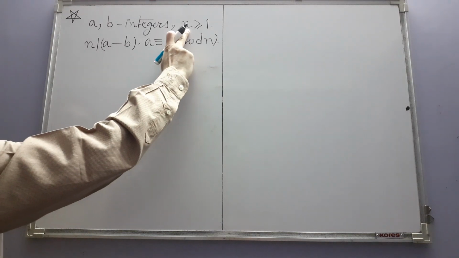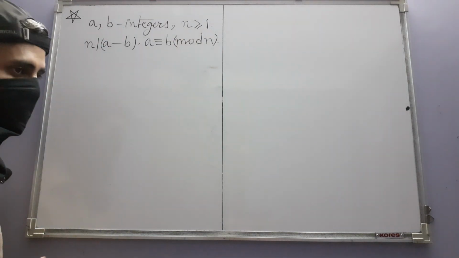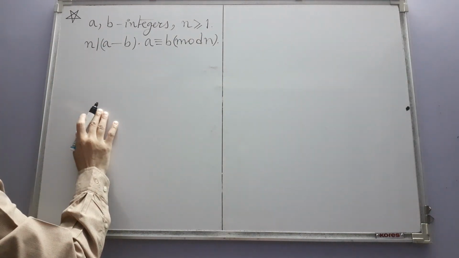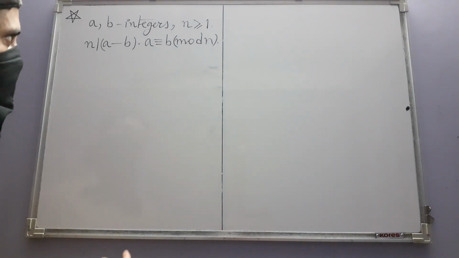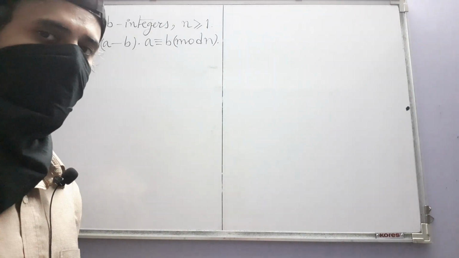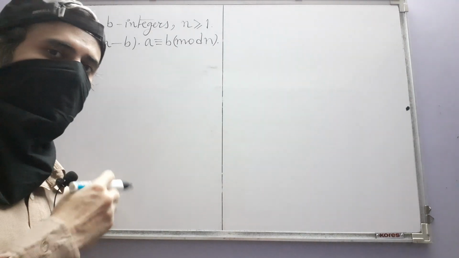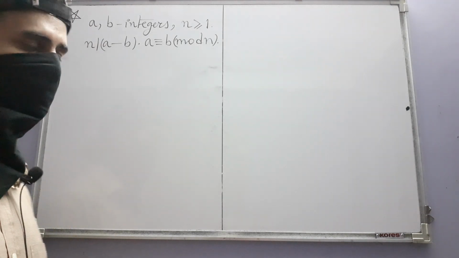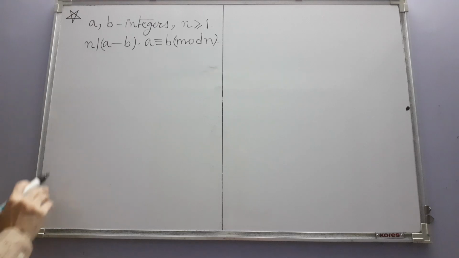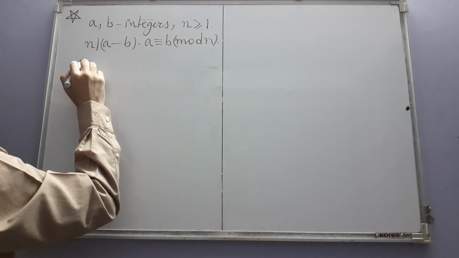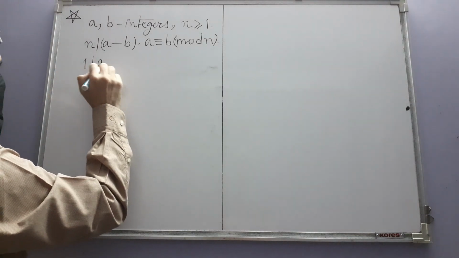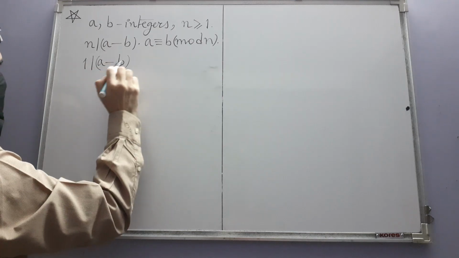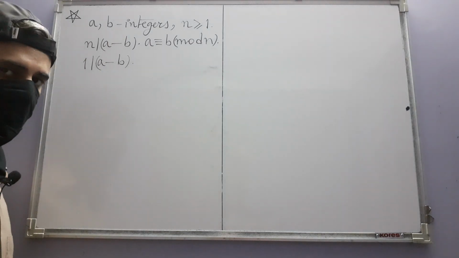Now, being a positive integer, the smallest value of n is 1. However, when n is 1, the situation is not really very interesting, because in this case any integer is congruent to any other integer modulo 1, or maybe to itself. And that is because 1 divides a minus b regardless of what a and b are.